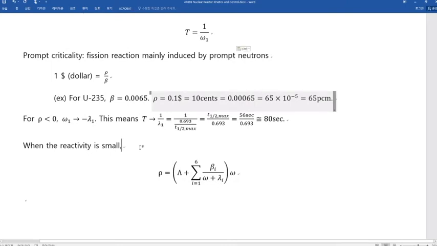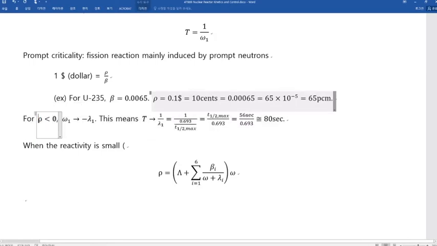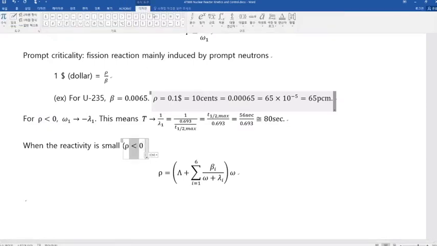So I just deleted this relation, but I'm going to rewrite it.